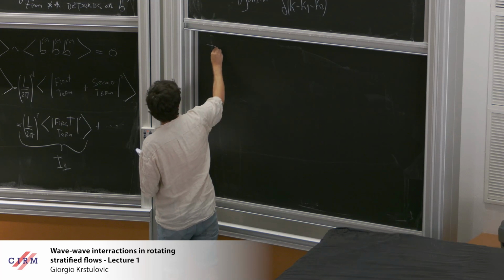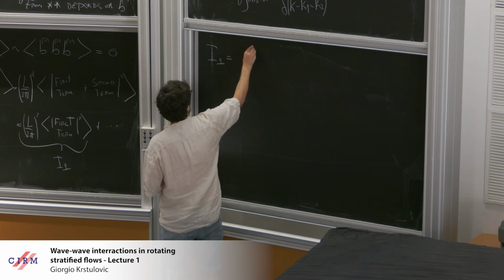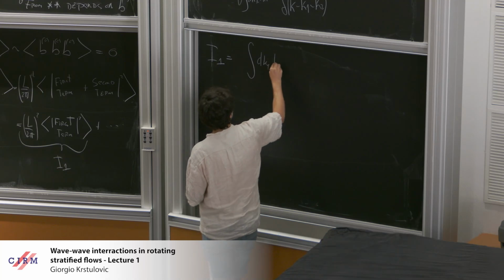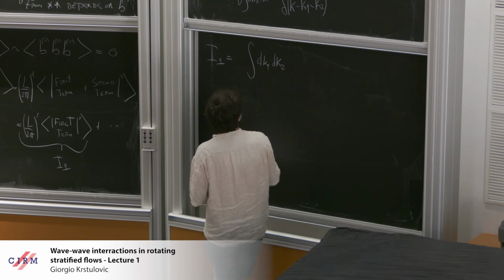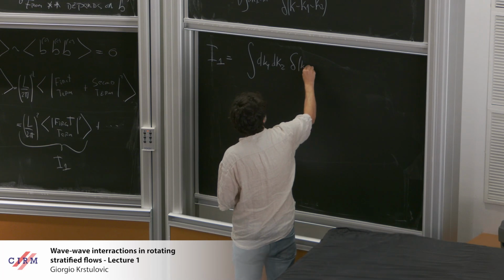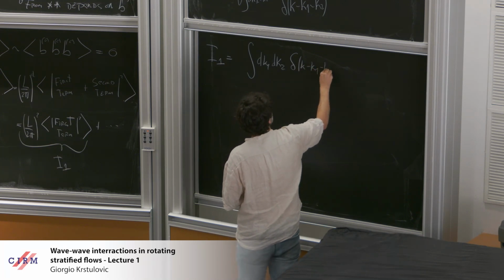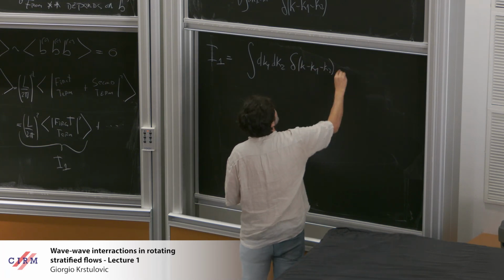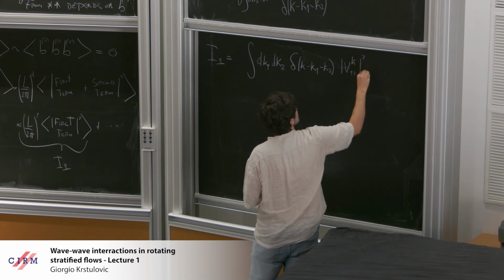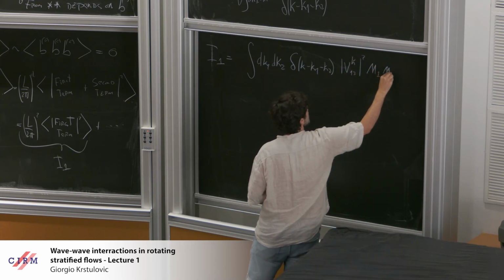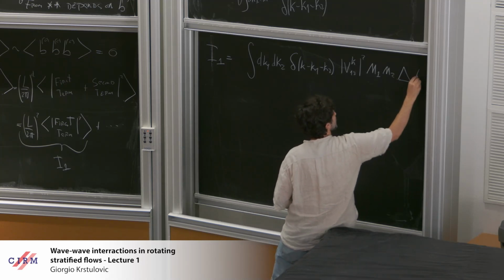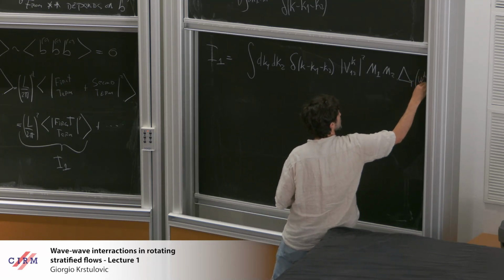So I1 is now the integral over dk1 dk2 of Dirac of k, and I have this function here, delta t of omega k 1 2.